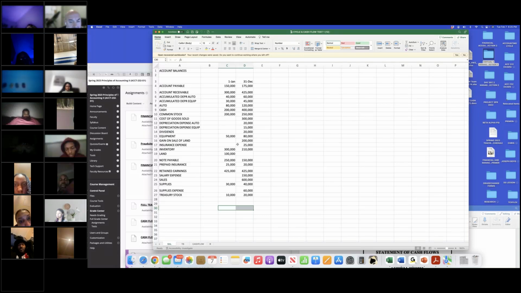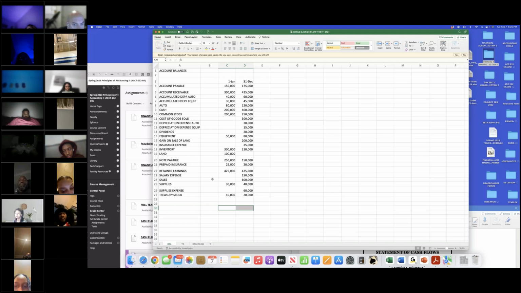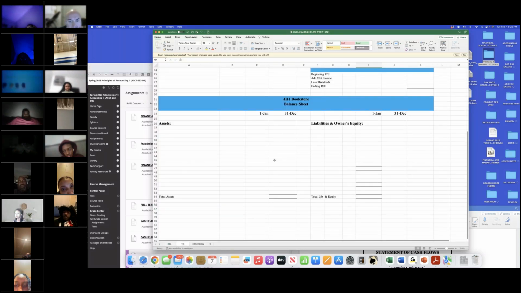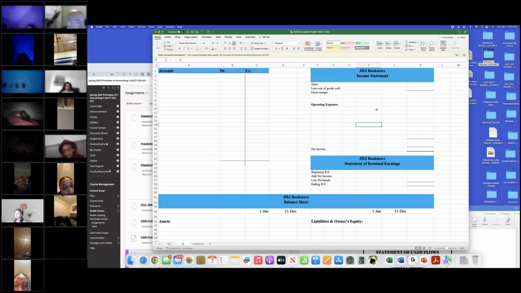Well, they are account balances now. I take it back. They are account balances in alphabetical order. You've got to create the trial balances, income statement, statement of retained earnings, and then the balance sheet.